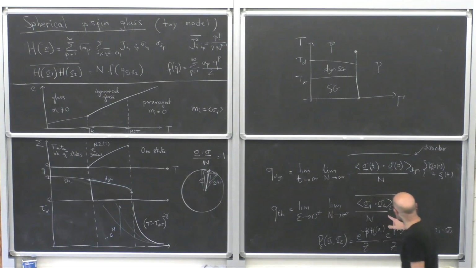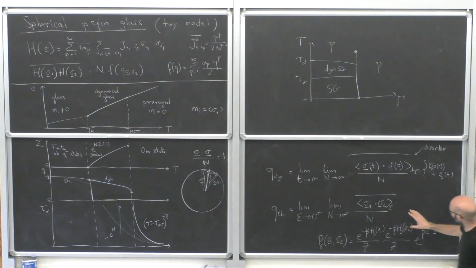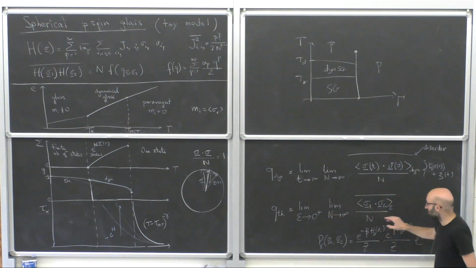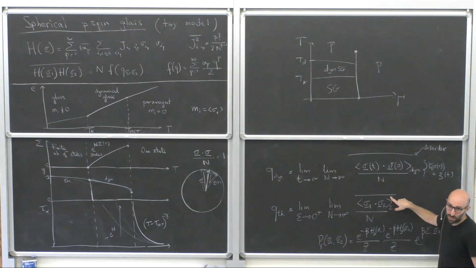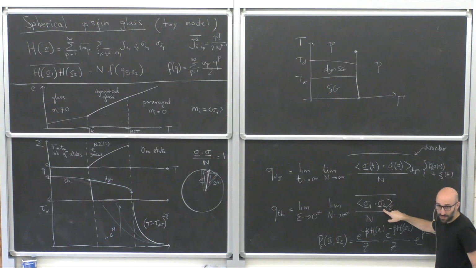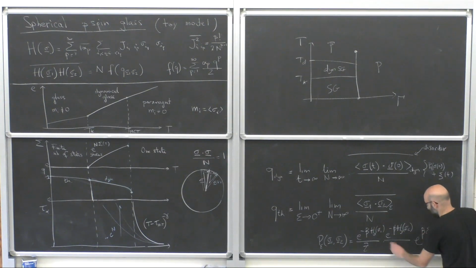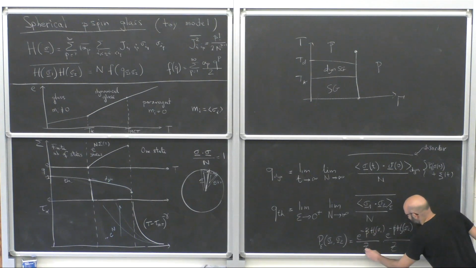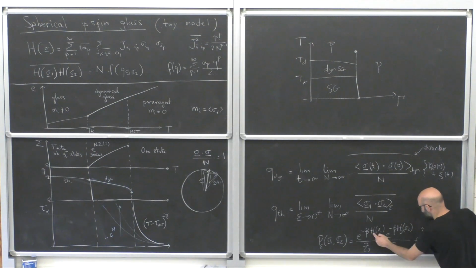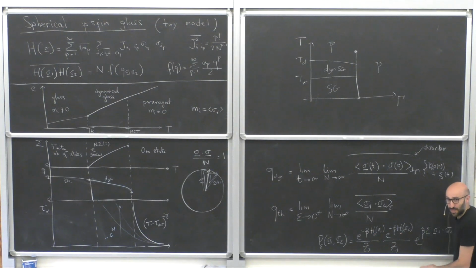The point is that in order to calculate the disorder parameter, you have to take this average over the disorder, and you have two replicas. But the problem is that in the probability, the disorder appears in here, and it also appears here. So now what you have to do is to use an identity where you write 1 over Z as the limit for n going to 0 of Z to the n minus 1.